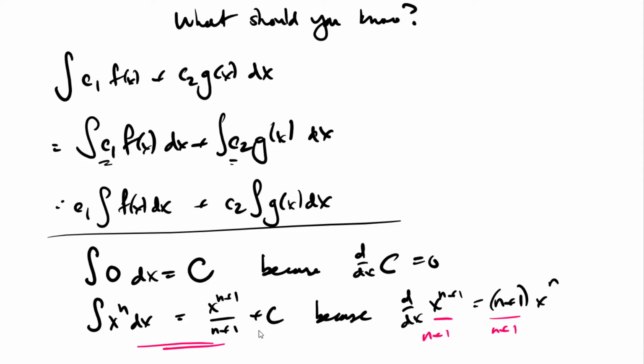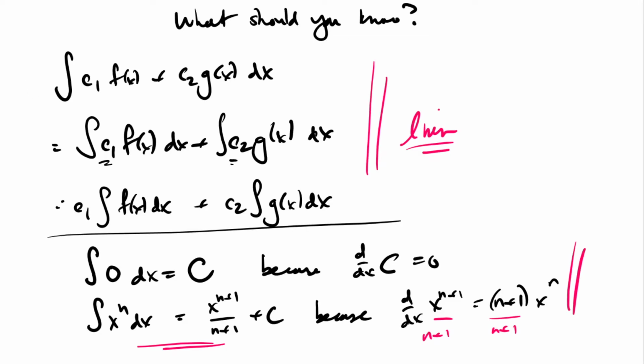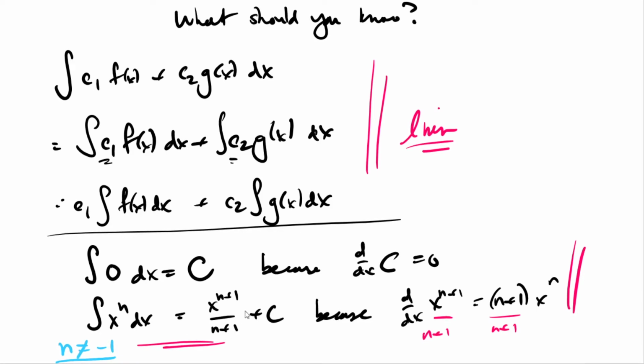Okay, so let's combine these ideas: the fact that integrals are linear with the power rule, and then we'll do some example integrals of polynomials. Oh, I should add one caveat, which is this rule holds as long as n is not equal to -1. If you're integrating 1 over x, that turns into the natural log, but we haven't looked at that yet. That's going to be the content of chapter 6.2.